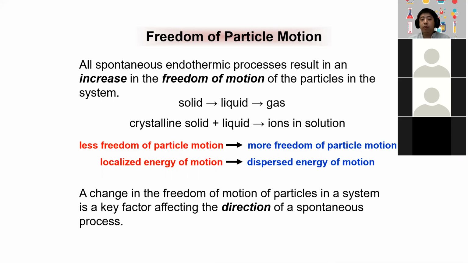Okay. So the one thing that will determine whether or not something is spontaneous is an increase in the freedom of particle motion. So you may want to write this down. Increase in the freedom of motion of particles. If particles are free to move away from each other and have the ability to move around freely, and the more easily they can move around freely, the more likely they will undergo spontaneous reactions.